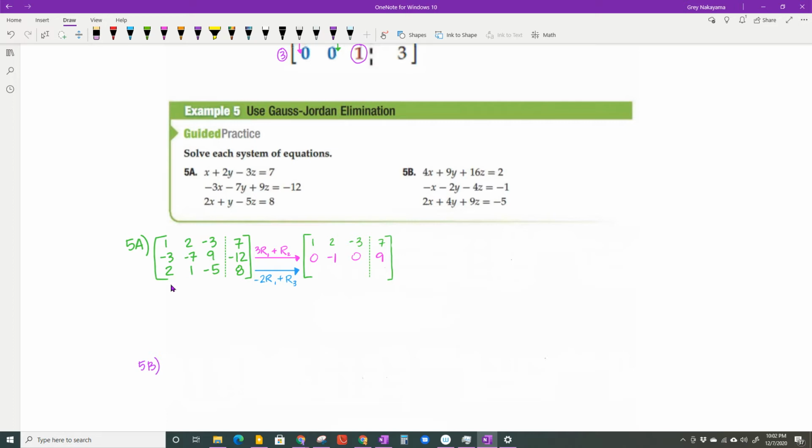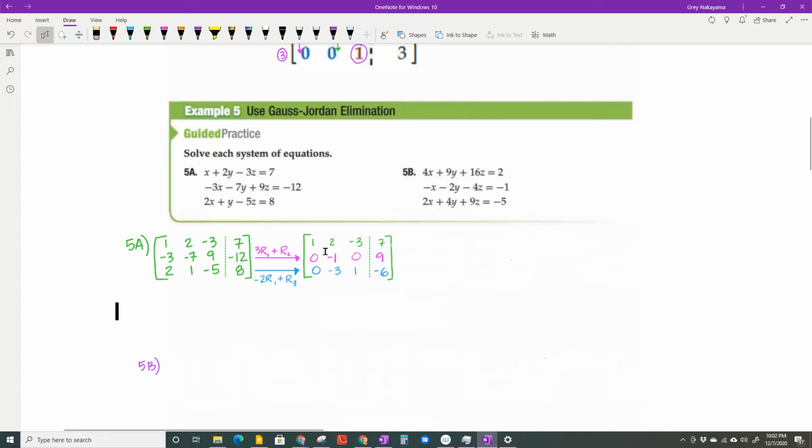So -2 plus 2 is 0. -2 times 2 is -4, and -4 plus 1 is -3. -2 times -3 is 6, and 6 plus -5 gives me 1. And then 7 times -2 is -14, and -14 plus 8 is -6. Okay? So I am done with the first column.